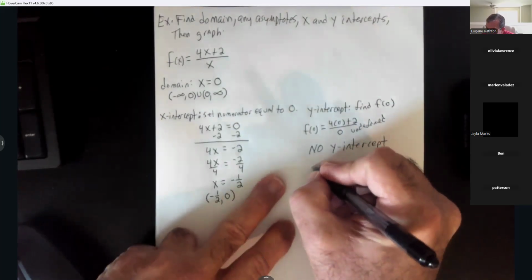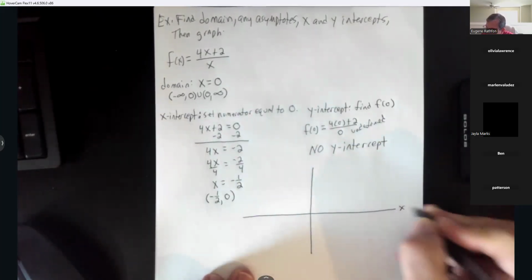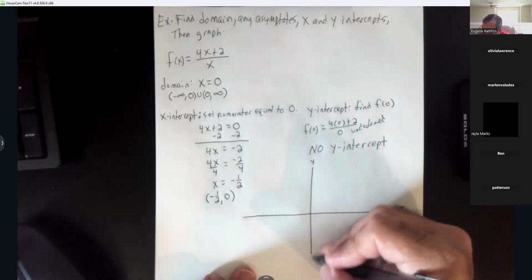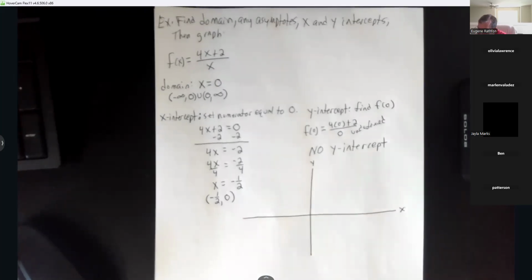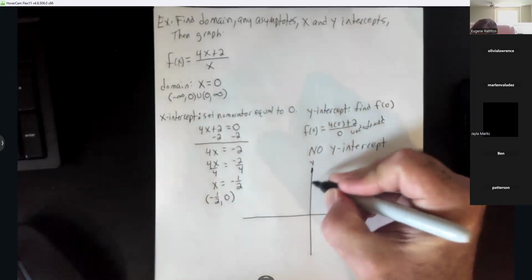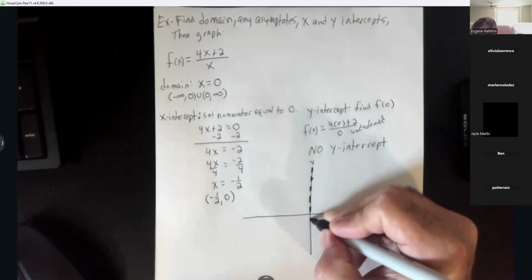So if you just sort of hand scratch it, at 0 here, my graph cannot cross, so I've got a vertical asymptote right there.